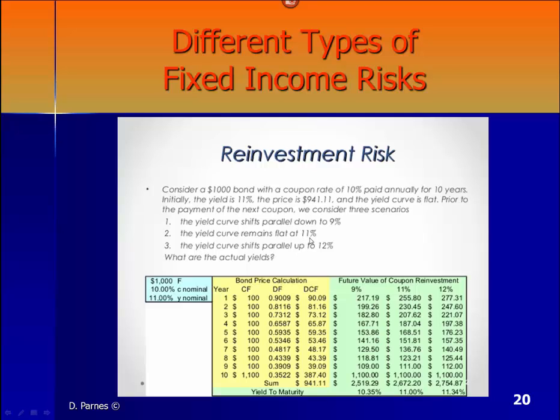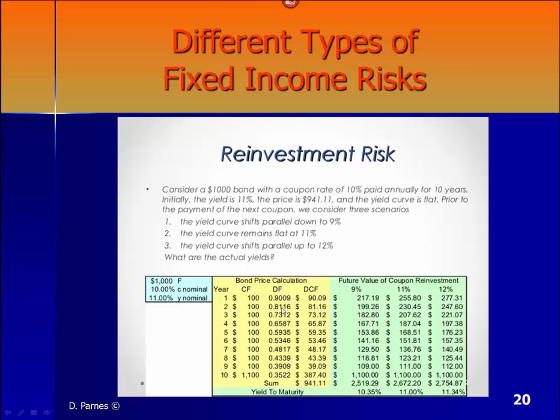We can discount those coupons to present time either by simply dividing it by 1 plus the interest rate every time, by 1 plus 11%, or we can create here the discount factor just to illustrate this point. Discount factor is simply the 1 divided by 1 plus the interest rate to the power of the time. So discount factor of 0.9009, you can calculate it as 1 over 1.11 to the power of 1.